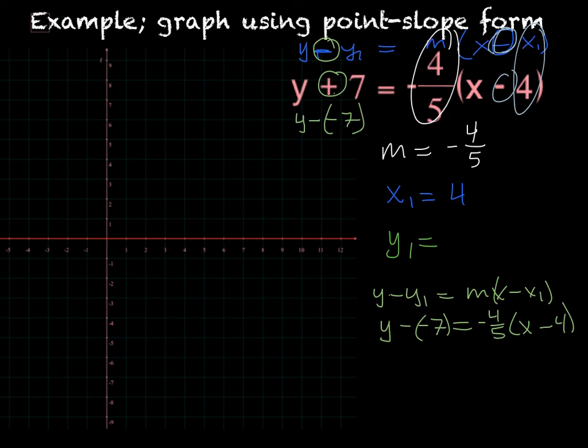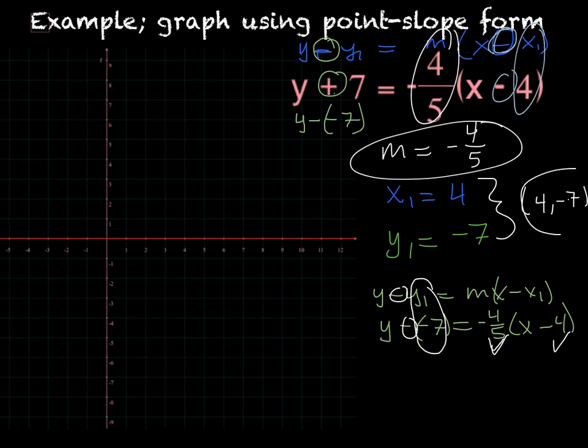So we already took care of the slope and the x1. And now we match up. We have double negative, so y1 equals negative 7. So what this implies is that my point is 4, negative 7. So that's the information you need.